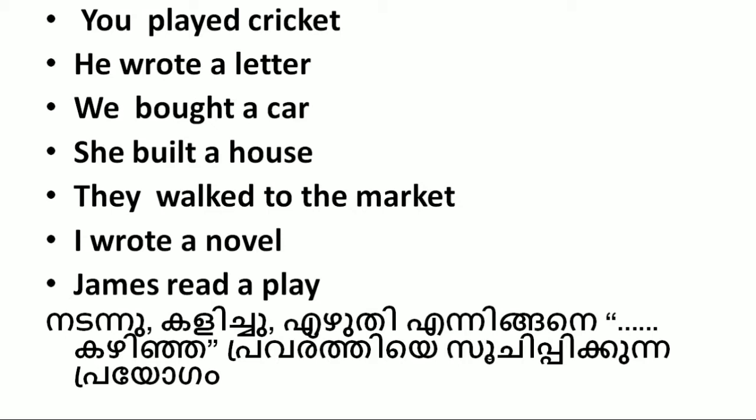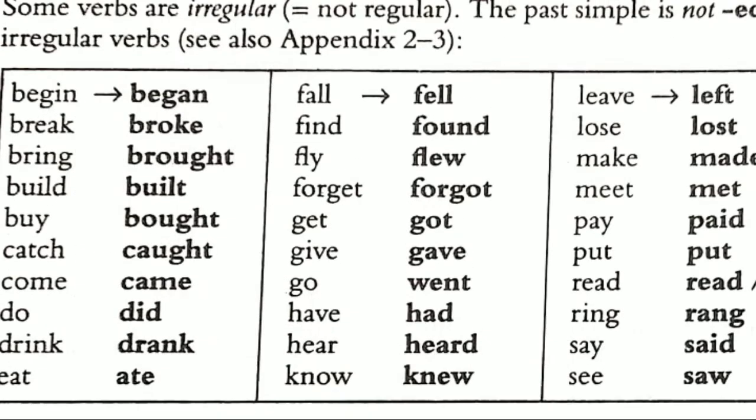I have given a chart of V1, V2 forms of verbs. You can see here V1 and V2: begin, began, break, broke, bring, brought, etc. We have done a video about verbs in English, irregular verbs and regular verbs.